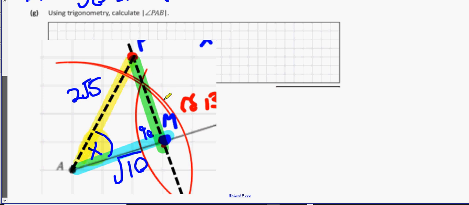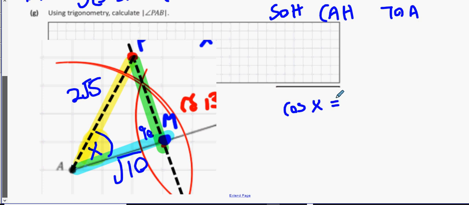We know the adjacent and the hypotenuse, which means which function should we use? Cos. Sine is opposite over hypotenuse. Cos is adjacent over hypotenuse. Tan is opposite over adjacent. So we're going to use cos. Cos x equals root 10 over 2 root 5.